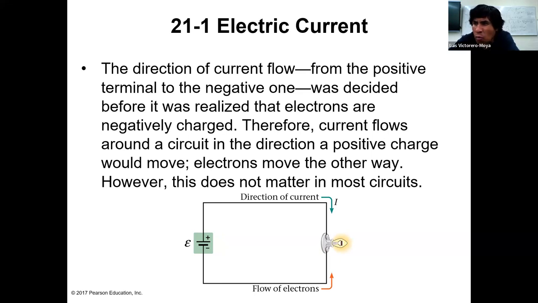Does that mean that we are wrong and everything we've done so far in science is wrong? No. You're going to see maybe even tomorrow that digital ammeters especially read negative currents. So what's the meaning of a negative current?